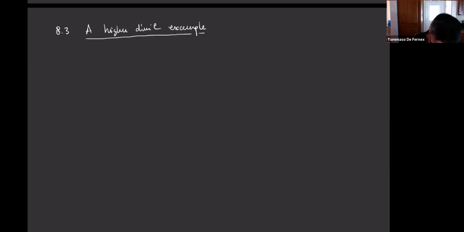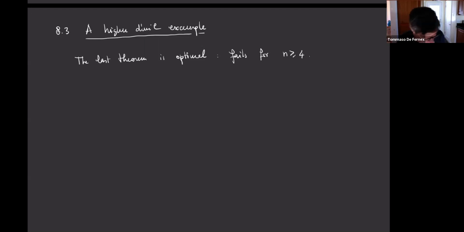So this example is to show that the last theorem is optimal, in fact. So it fails for n greater than 4. So the example here is a simple example.